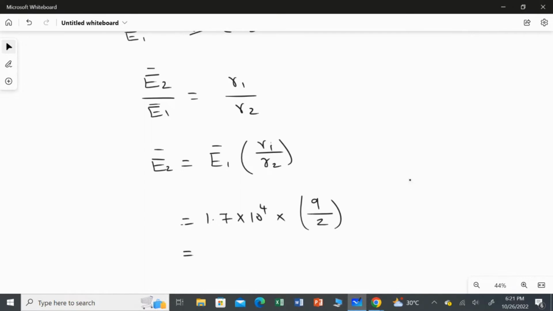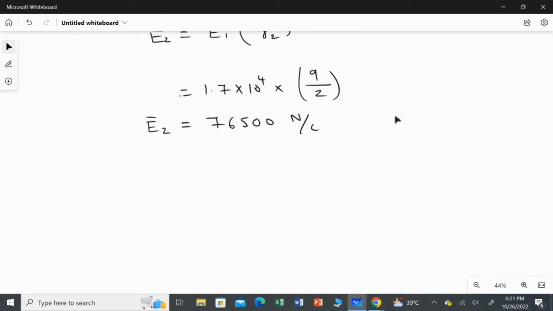Now I'm going to find the answer by using my calculator. So the value for E2 is 1.7 times 10 to the power of 4 multiplied by 9 divided by 2. The answer is 76500. What's the unit? Newton per coulomb.